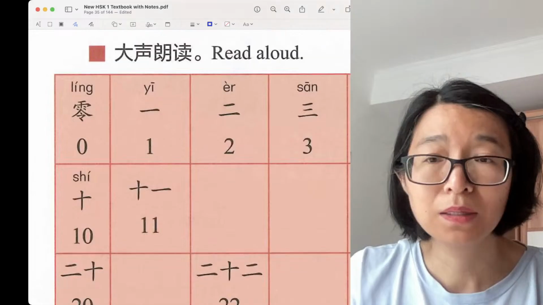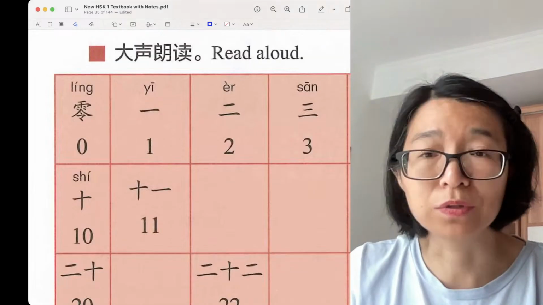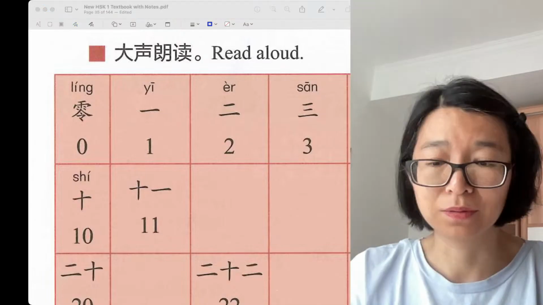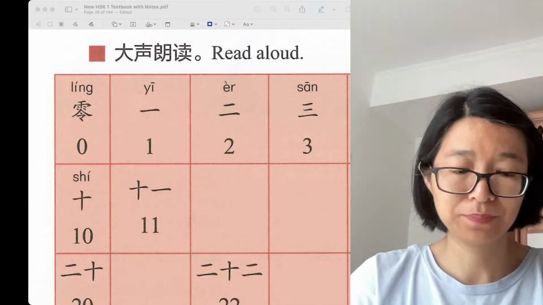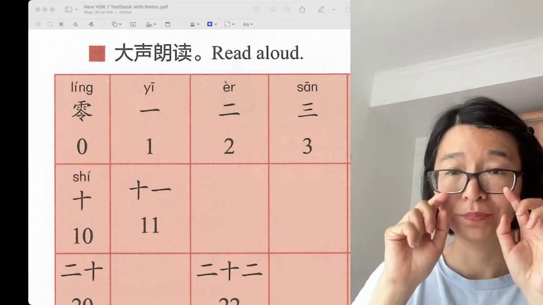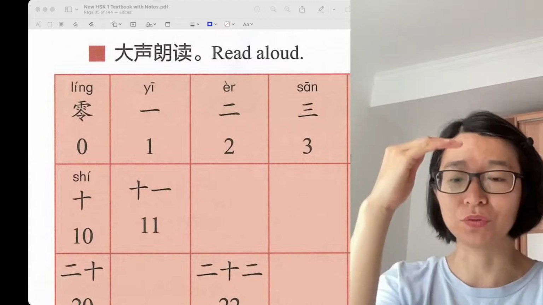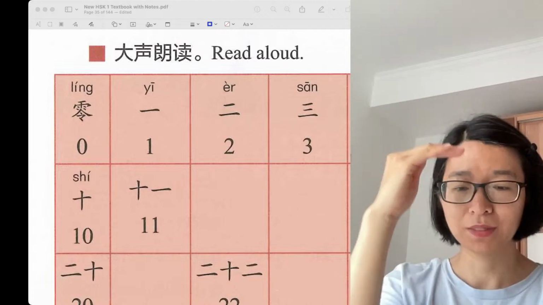一. So for the first tone, maybe you don't know how to say the first tone. Don't worry, just raise your pitch to the highest level, like here.